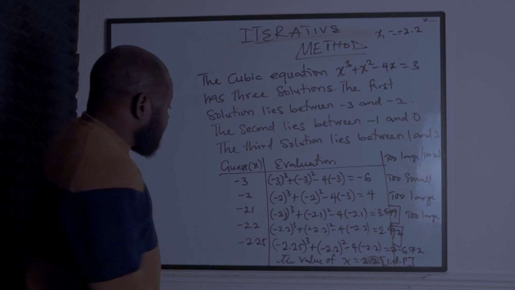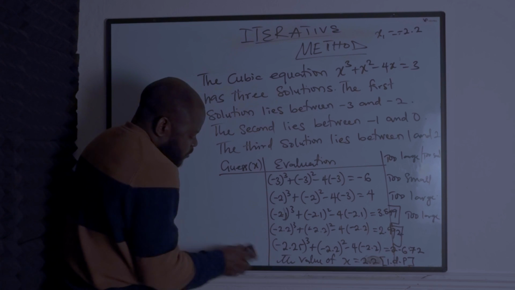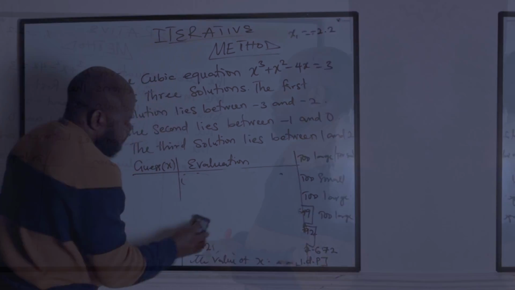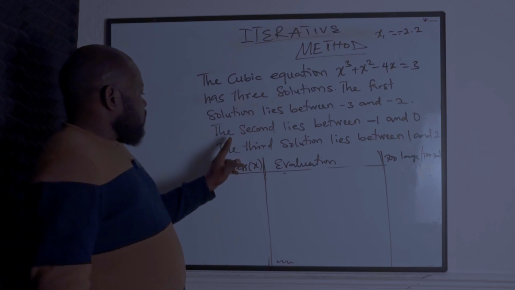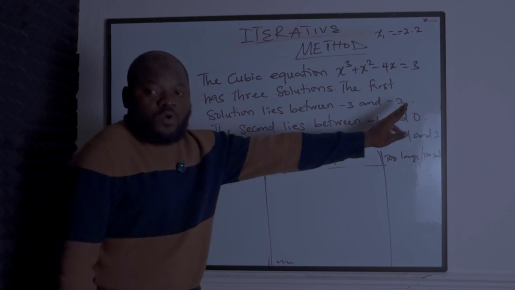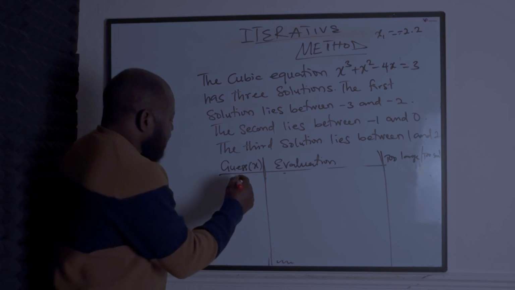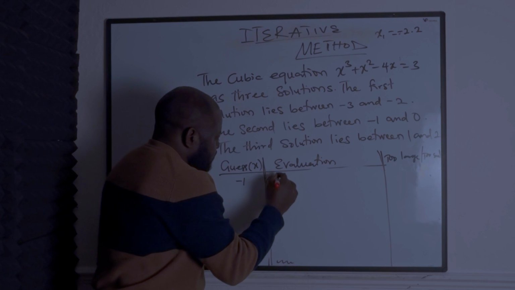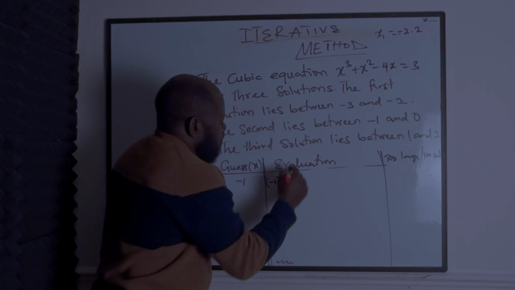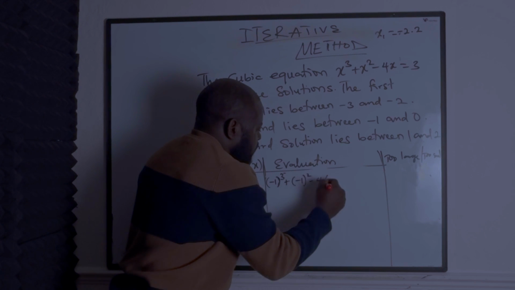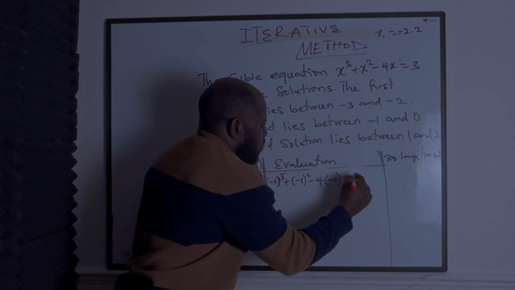So you know how we do it now. We should be able to do it more simply now because we already get the pattern. So for the second one, we are told that the second lies between minus 1 and 0. So let's start with minus 1 and see what we are going to have. We'll put minus 1 there: minus 1 cube, plus minus 1 square, minus 4 into minus 1 equals what?